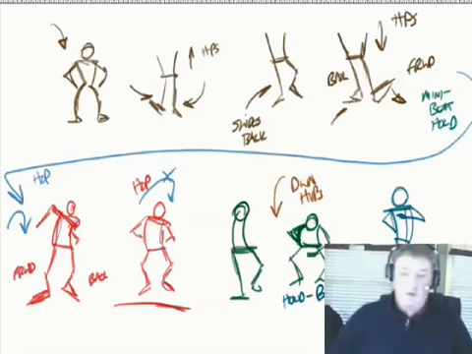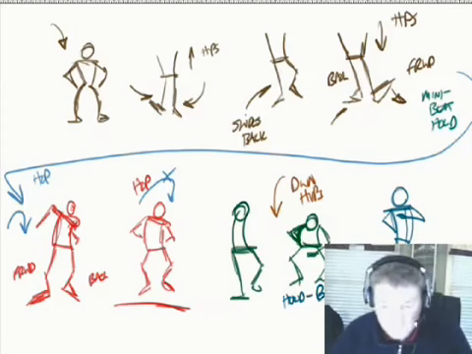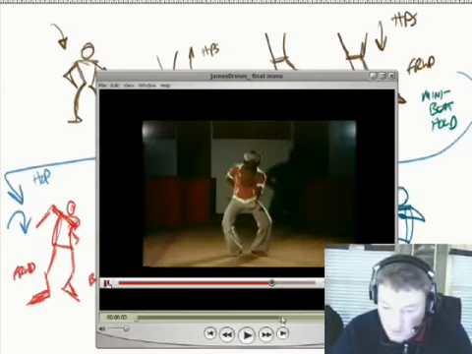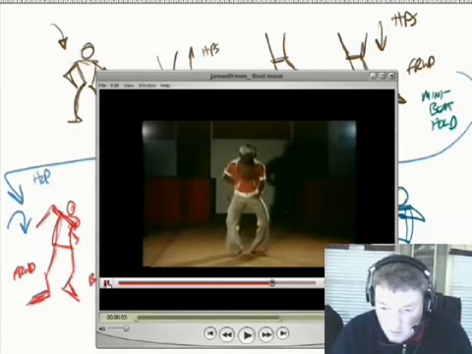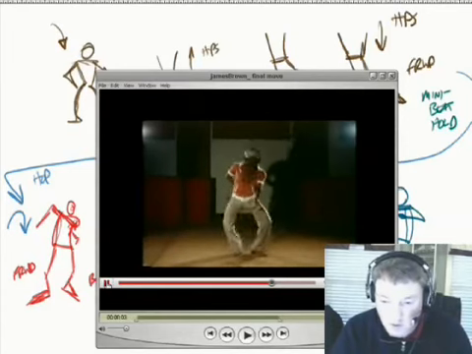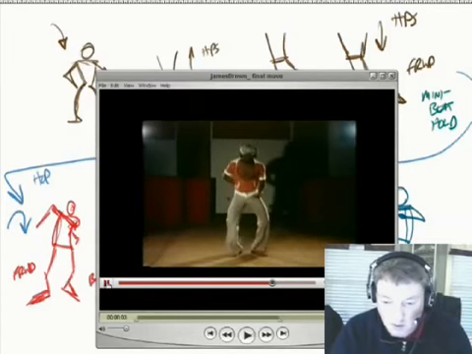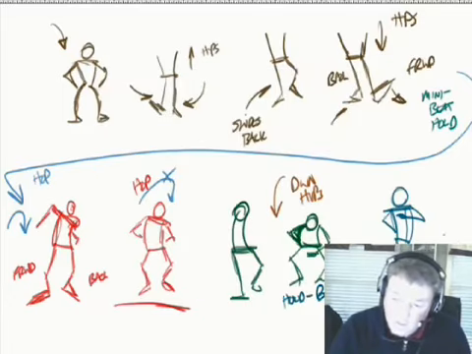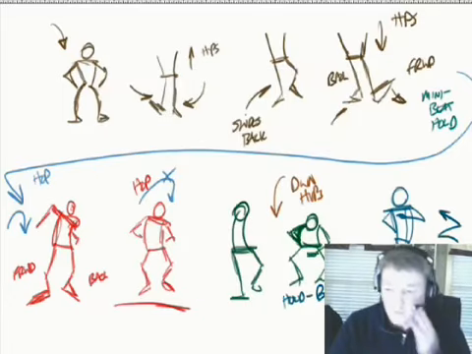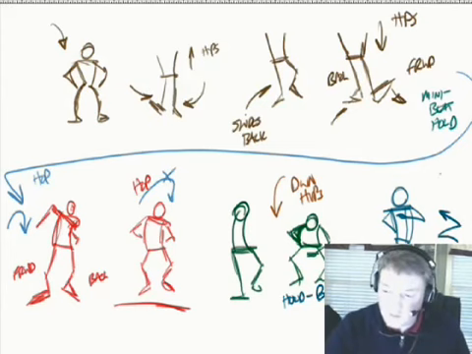So 1, 2, 3. Let me just take a look at that right here in the video. Yeah, okay, so he leans this and then up. Okay, so this will be like his chest wiggle, for lack of a better word.